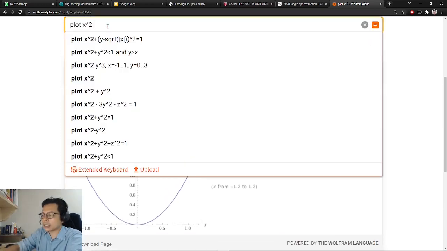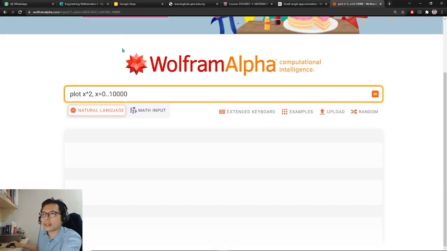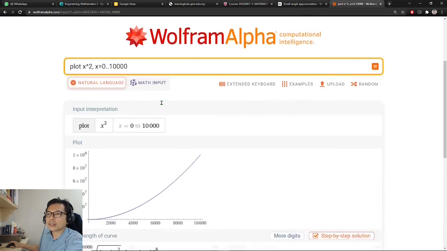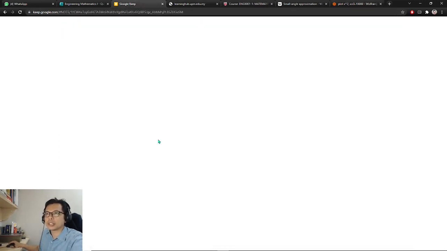Let's say x is from 0 to, I don't know, 10,000. What's going to happen? You're going to see that it's going to keep on increasing. So when x is approaching infinity, f(x) is also going to approach infinity.